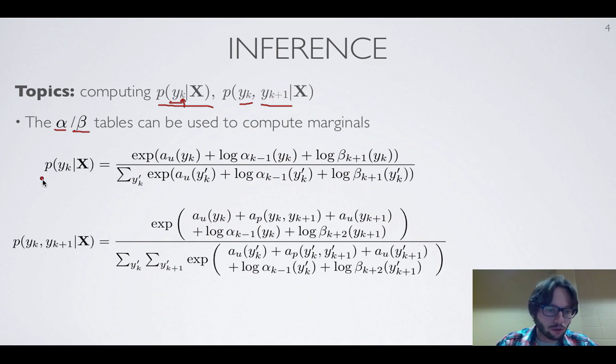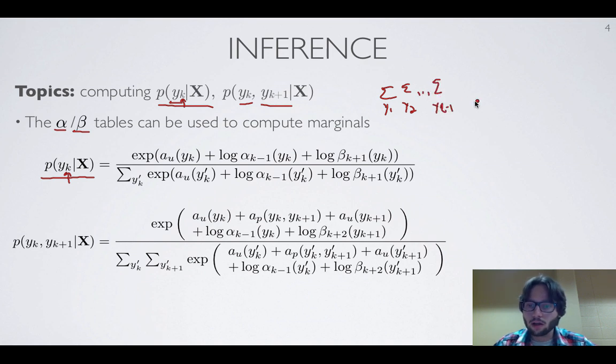Now, if we want to compute p of y_k, position k, given x, well, that would correspond to the sum over y_1 and the sum over y_2 up to the sum over y_{k-1}, then the sum over y_{k+1} up to the sum over y capital K of p of y, where y here would be in bold, that would be the whole sequence, given the sequence of inputs.